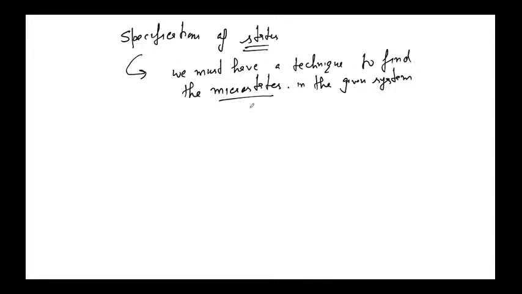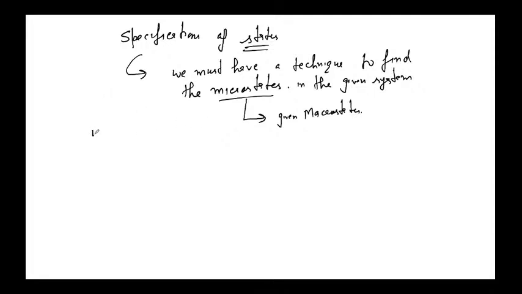The number of microstates we can find from the given macrostates. In order to find this, we must establish a detailed method of describing the states of a system. So what does it mean? That we must have a detailed way of describing the exact microstate in which a system can be found.